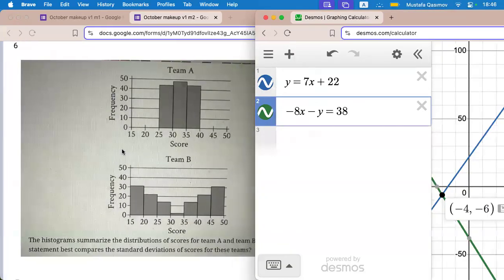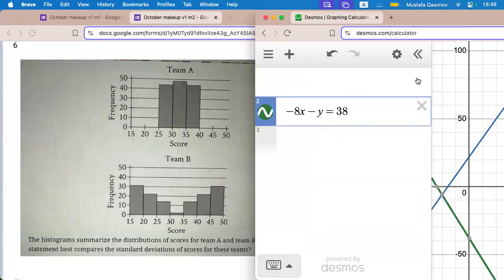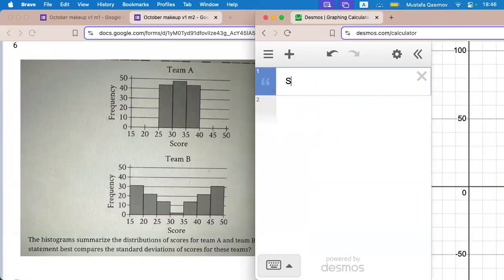Standard deviation. Okay, most important rule in SAT related to standard deviation is when you have a lot of numbers in the center, it means that its standard deviation is smaller. We can write it like that here. Standard deviation is inverse with frequency of center or mean. You can say also mean or median. Okay, what's the center here?